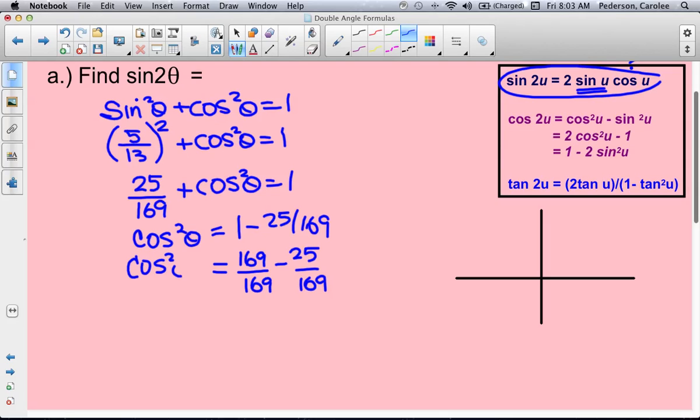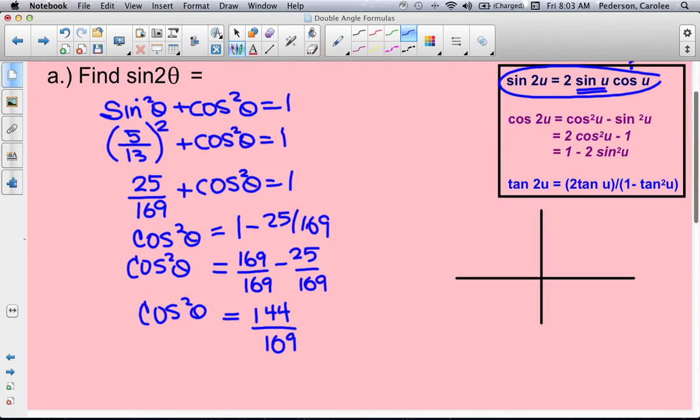So now I can go ahead and subtract the numerators, 169 minus 25, and then all over 169. So we have 144 over 169 equals cosine squared of theta.